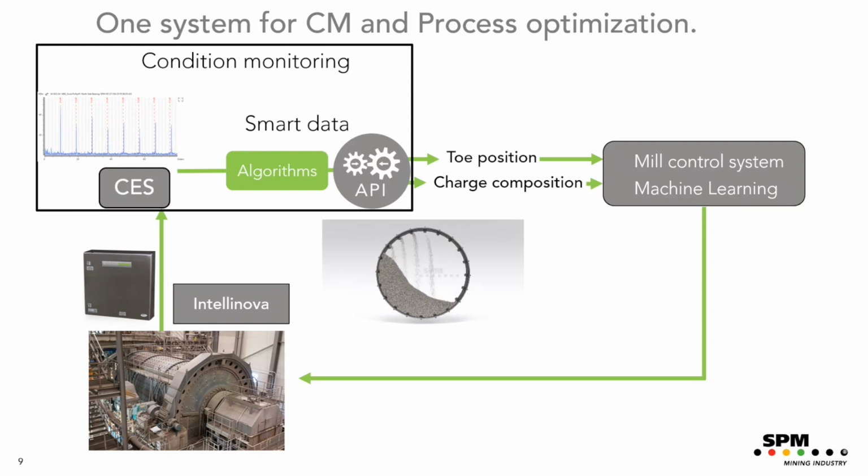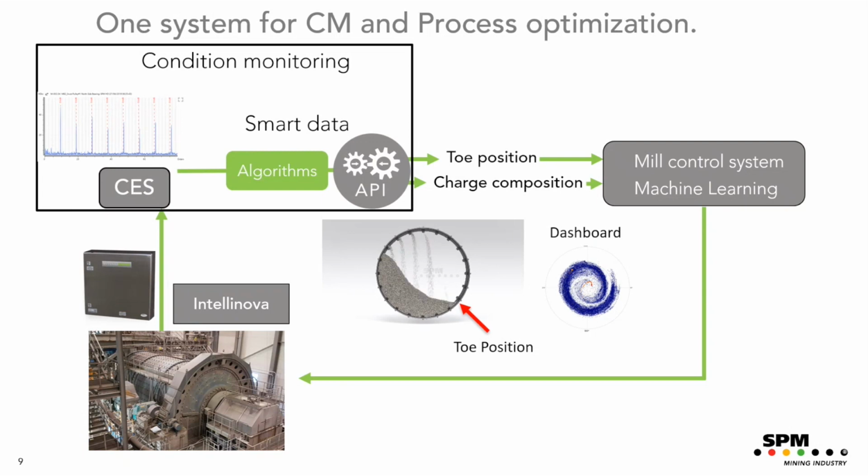And for a tumbling mill, it's very important to keep track of the toe position, because that is related to the filling grade of the mill. So that is one thing, that the mill control system adjusts the input and output feed of the mill to have a correct toe position.